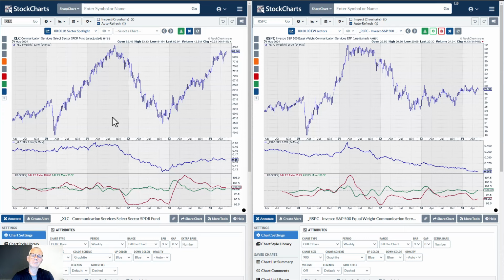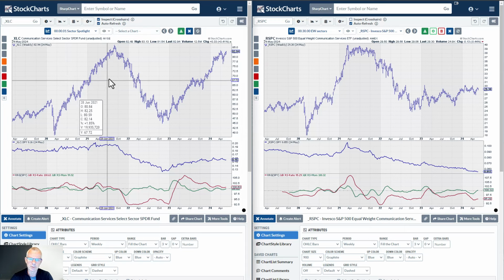You get an even better handle on the difference between XLC and RSPC when you put the charts side by side. So we've got XLC on the left-hand side and we've got RSPC on the right-hand side. Look at the graphs. If you start at the low in 2020, they both show a very decent long rally where XLC continues.